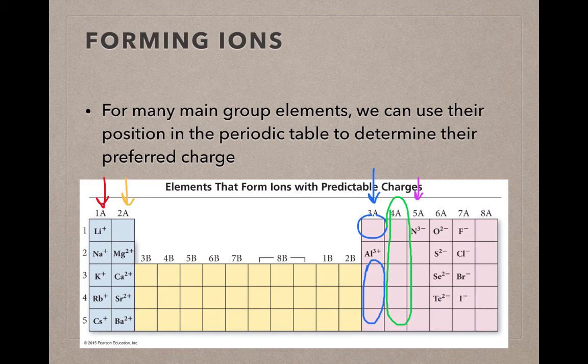Group 6A, it's better for them to gain 2, so they have a 2- charge, and then group 7A here, it's easier for them to gain 1, and they get a -1 charge. So really, if you look at the trends here, we have +1, +2, +3, skip, -3, -2, -1. So it kind of goes up a ladder and then down a ladder. +1, +2, +3, skip, -3, -2, -1.